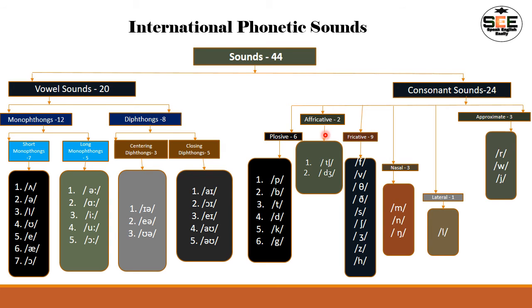This is the affricative sound, 2. Affricative sounds in consonants are 2. Number 1 is cha, and number 2 is ja. It is written as T and sh, so it makes the cha sound, a little bit of cha.